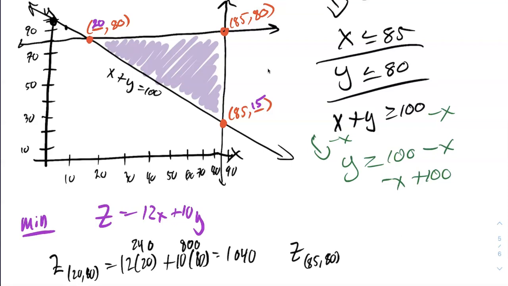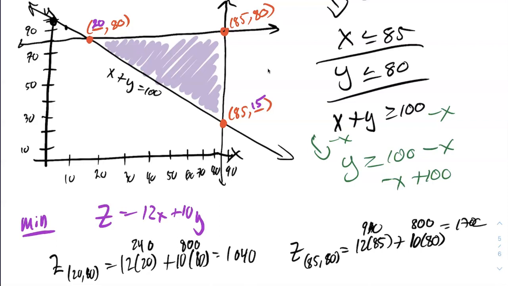Z of 85, 80. My guess is this is not going to be the min. So 12 times 85 plus 10 times 80. It's going to be like 1700.